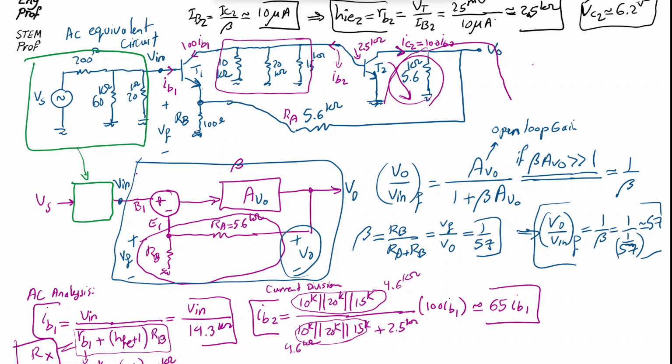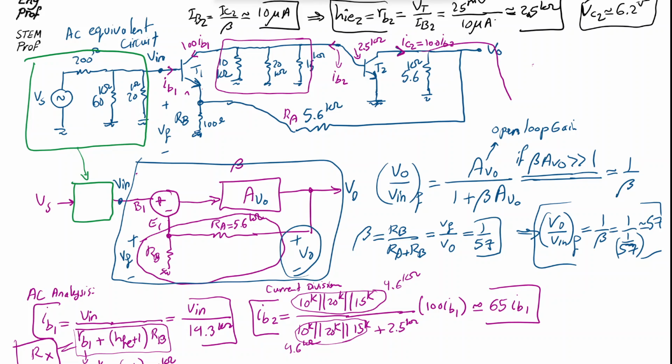So it's 5.6K in parallel with whatever we are seeing this way, which is a 5.6K, and in series a resistor that is little, 100 or less, which we neglect. So effectively, I have just 5.6K in parallel with 5.6K.